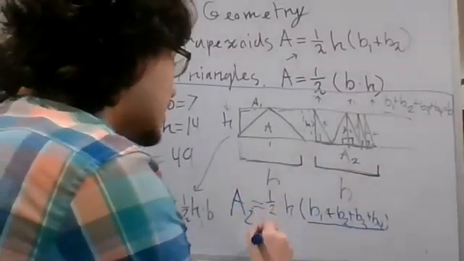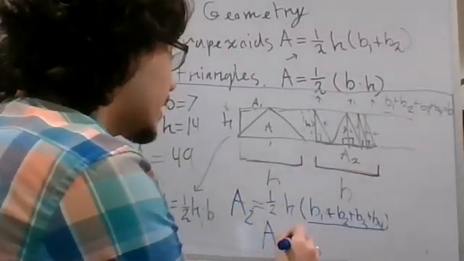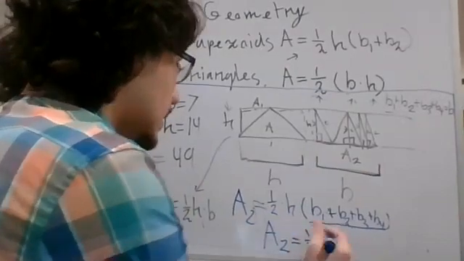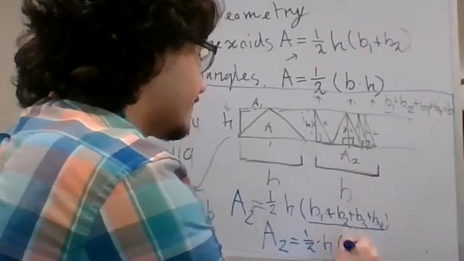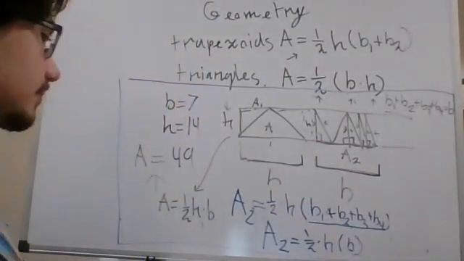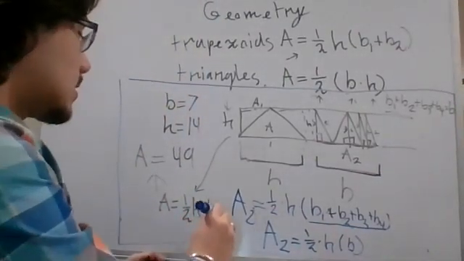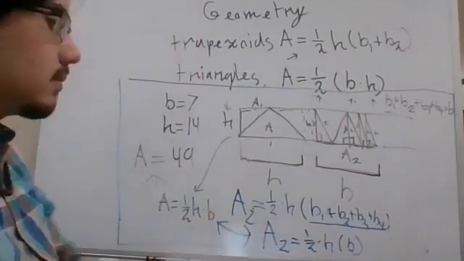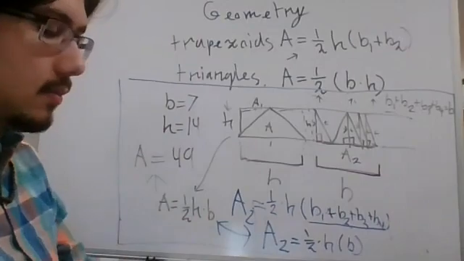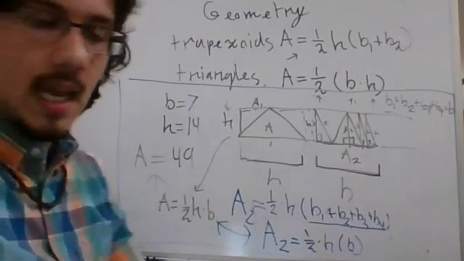So we can rewrite this equation as area 2 equals 1/2 times height times base. So are the areas the same? Anyone?